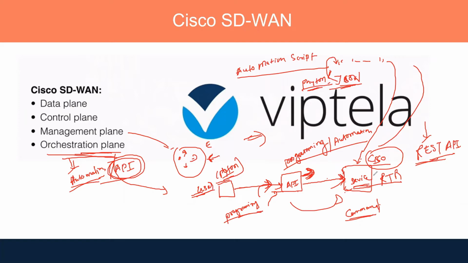So we used to do the provisioning. Provisioning means, let's say, someone is raising a ticket to access XYZ website via a Cisco router or via API.